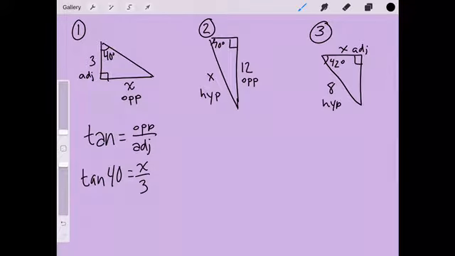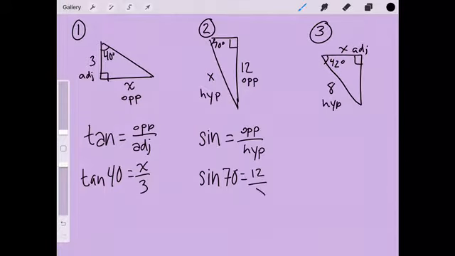Question 2, we would have opposite and hypotenuse, which is sine. Sine is equal to opposite over hypotenuse. And then that equation would look like sine of 70 degrees equals 12 over x.